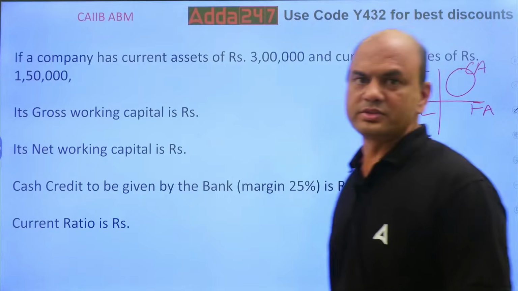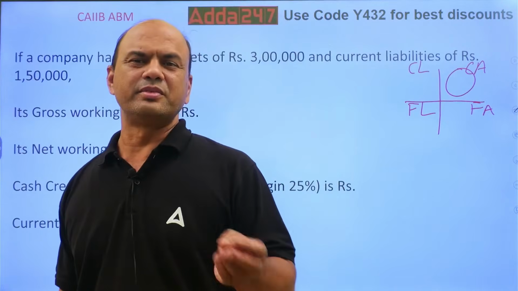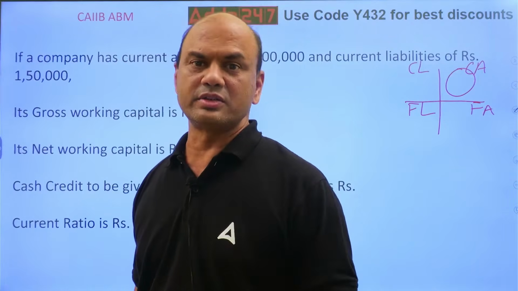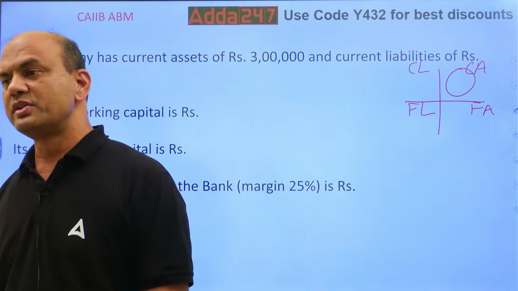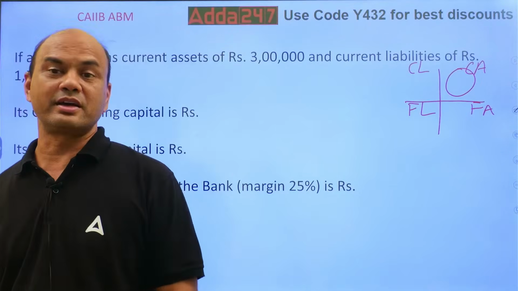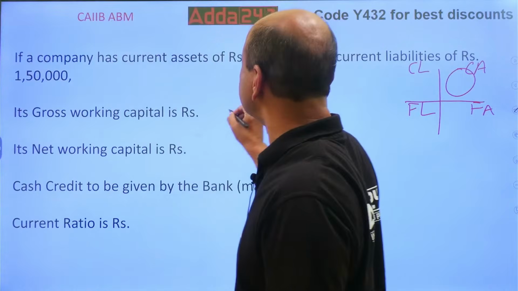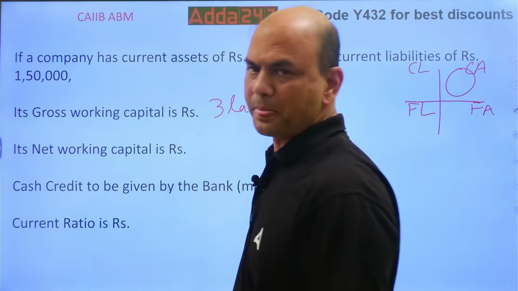All the current assets together are called gross working capital. Thumb rule: some of them here and there we minus it, that's okay. But thumb rule is gross working capital means all current assets. So here, what is the current asset? Simple, given. So it is current assets, 3 lakhs. Simple, so simple.